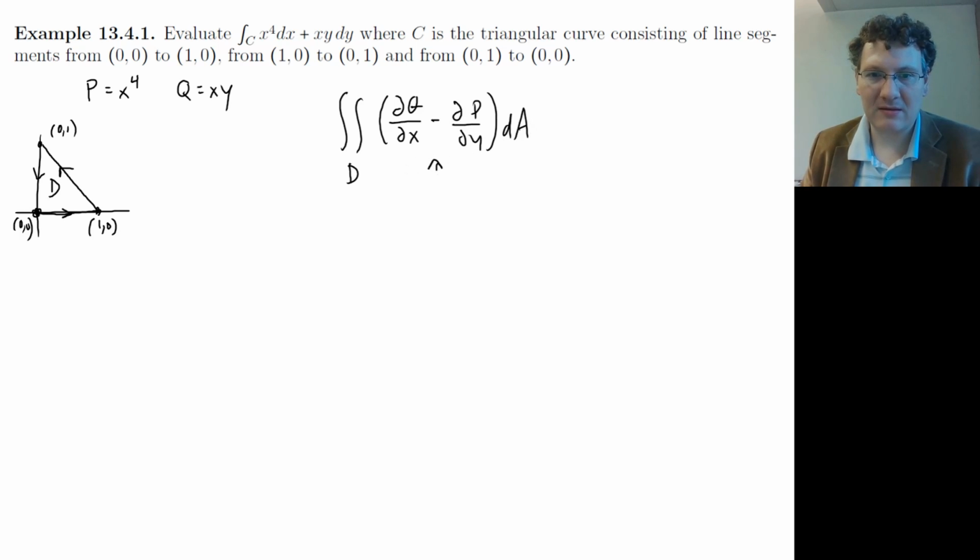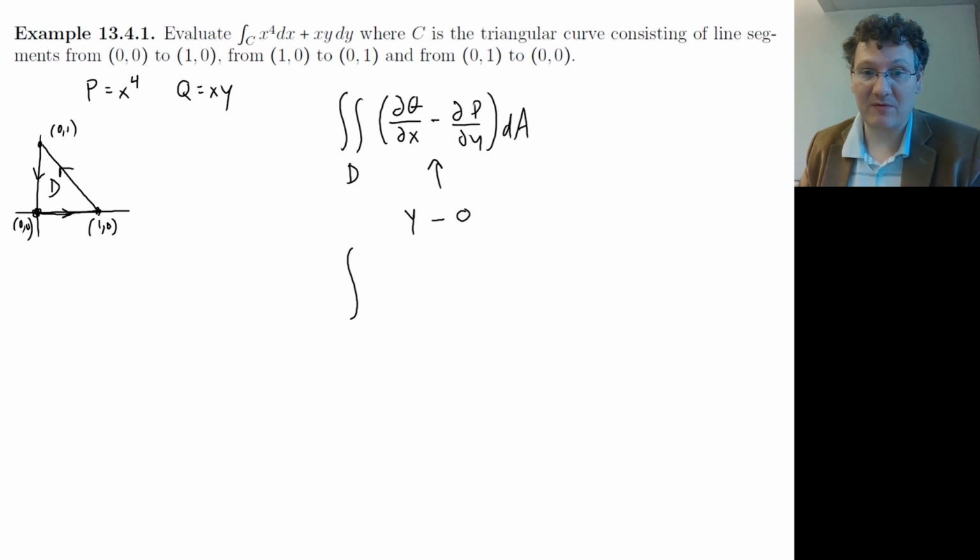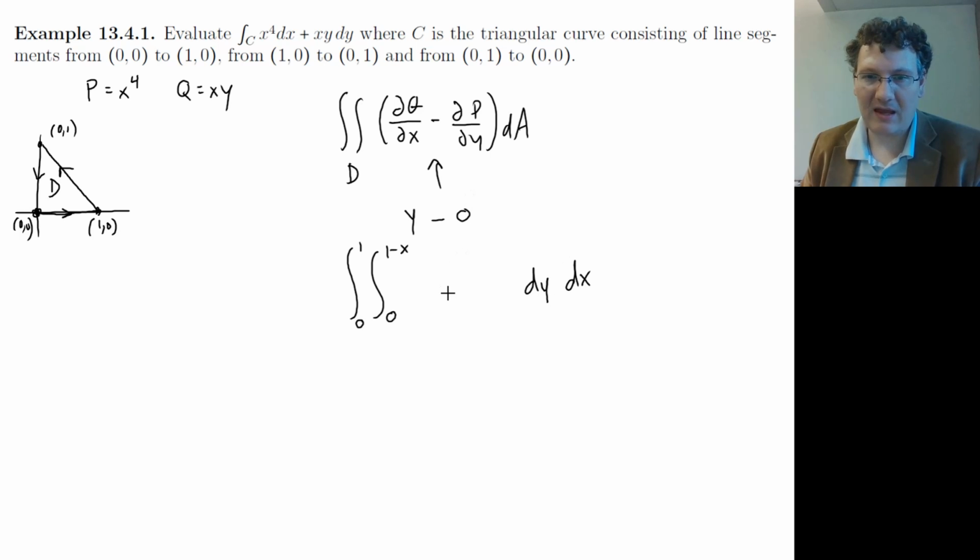So what is this? This is going to be y minus 0, because P is x to the fourth, so there's no y's involved. And we can set up the bounds of this integral. We've done this before. We can have x going from 0 to 1, and y going from 0 to 1 minus x. That'll work. And we're just integrating the function y.